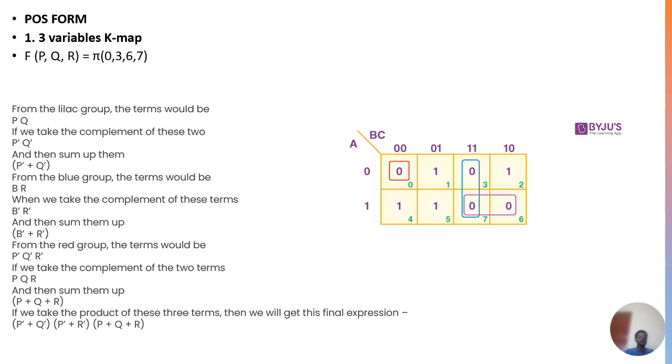When we take the complement of these terms, that is Q dash R dash, and then sum them, it is Q dash plus R dash. From the red group, the terms would be P dash Q dash R dash. If we take the complement of these terms, that is P, Q, R, and sum them, it is P plus Q plus R. Then the final result is P dash plus Q dash, into Q dash plus R dash, into P plus Q plus R.